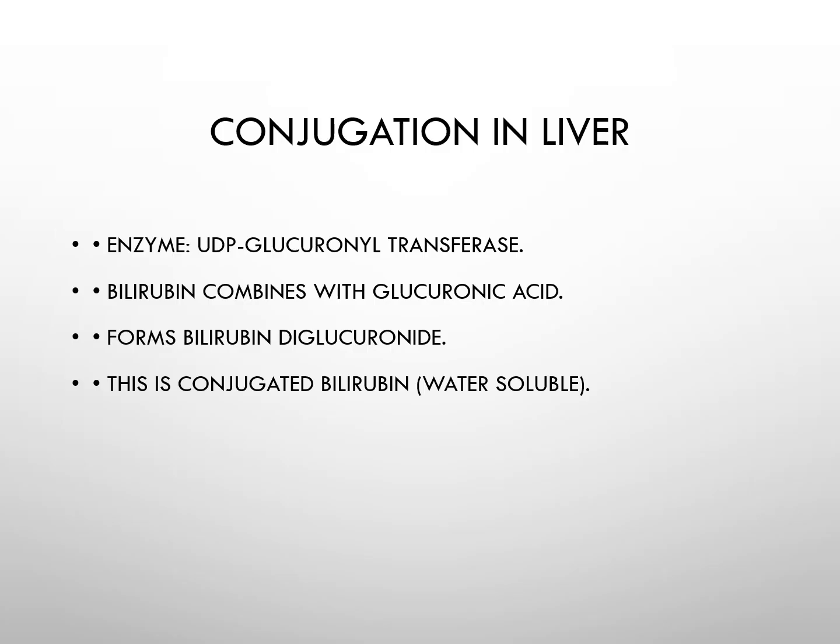Conjugation in the liver. The enzyme UDP-glucuronyltransferase in the liver catalyzes bilirubin conjugation. It makes bilirubin easier to process. Bilirubin combines with glucuronic acid, which converts it into a more soluble form.